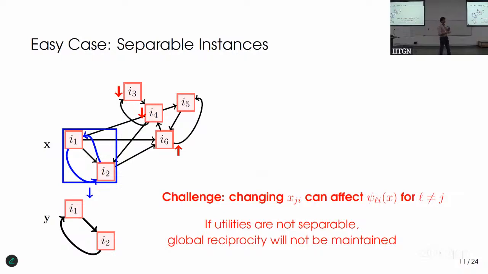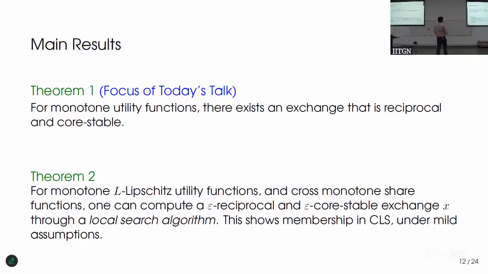That is when my contribution to you depends on what other people's contributions are. The main result of this talk is that under general assumptions, we can show that there always exists an exchange which is reciprocal and core stable. The second result is a computational result where we need some more assumptions, in particular bounded gradients for the utility functions and what we call cross-monotone shares.